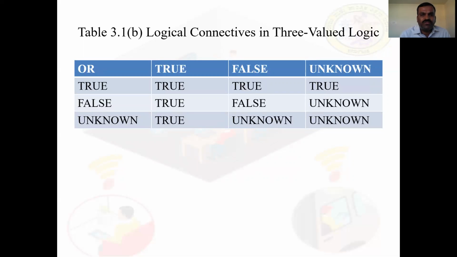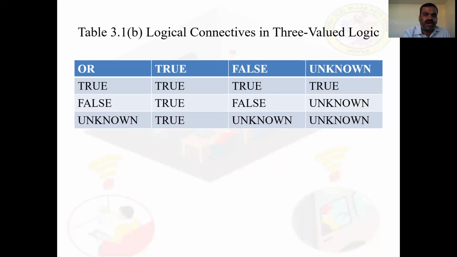And the next one is the logical connective OR in three-valued logic. True OR true, true. True OR false, true. True OR unknown, true.